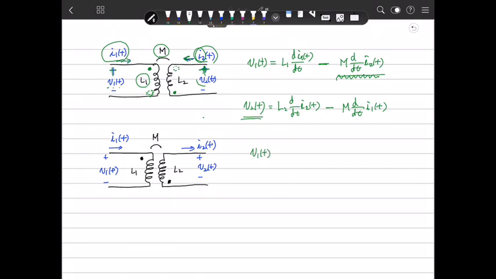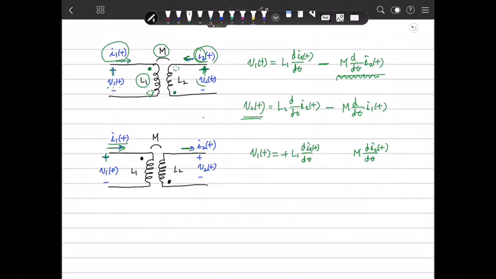So V1(t) has two terms. Itself, L1 d/dt I1(t), and M d/dt I2(t). Because the direction of I1 is this direction, going into the positive side, this is a plus.